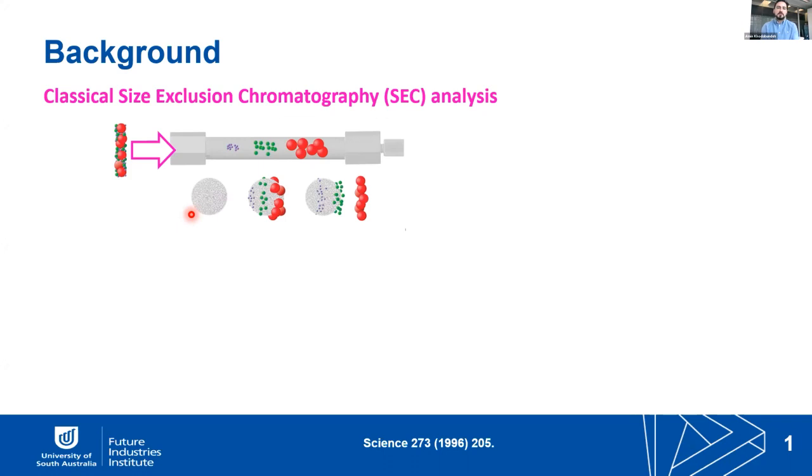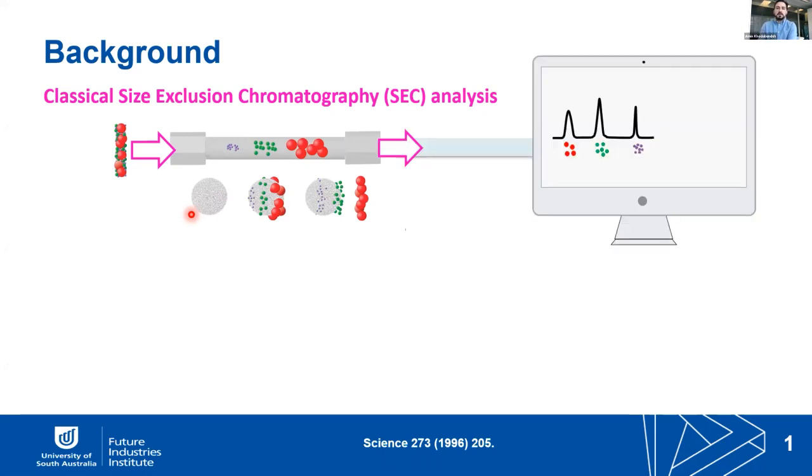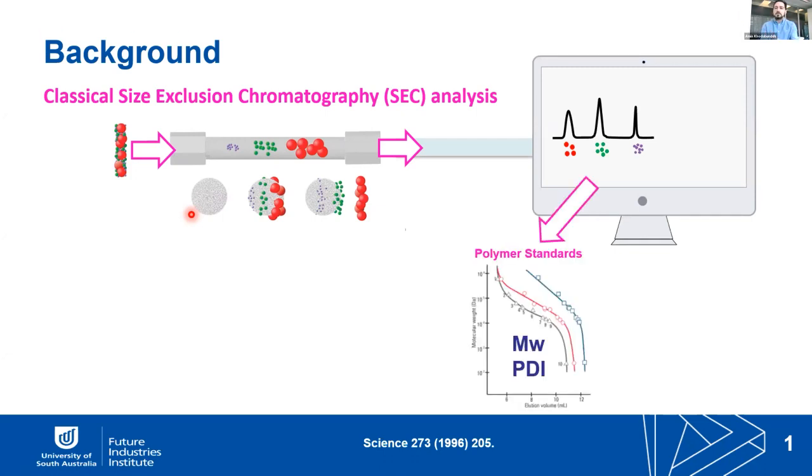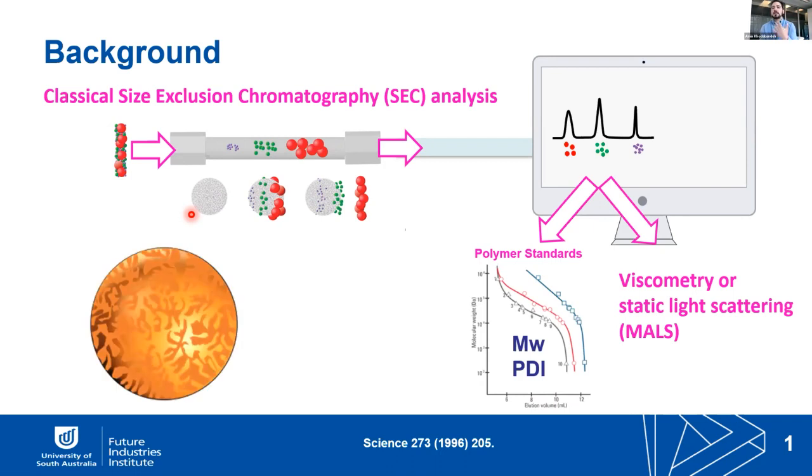The smaller polymers stay longer in the pores, and the larger ones pass through the larger pores, and the separation happens. After the separation, we can use polymer standards to find the molecular weight and polydispersity, and if you have access to a viscometer or a MALS detector, you can get the direct molecular weight.